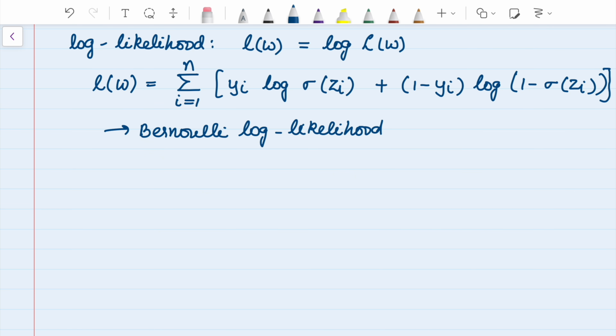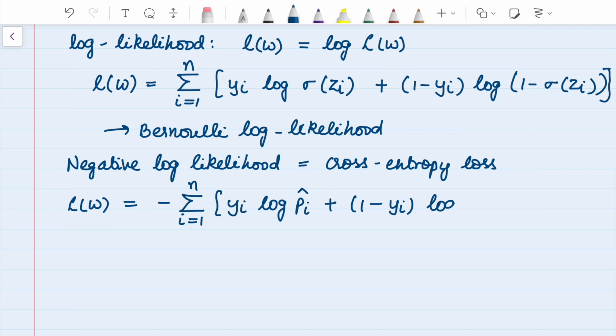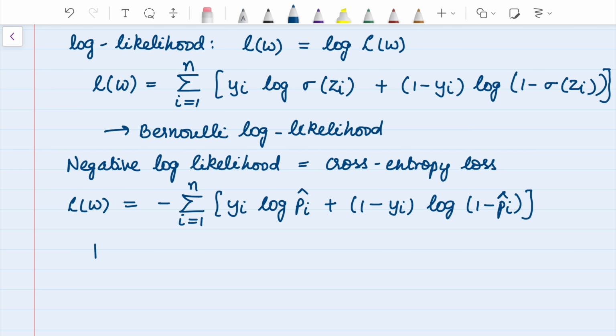Since we already know that the negative log likelihood is the cross-entropy loss, we can write the loss function as L(W) equals minus the sum from i equals 1 to n of yi times log pi-hat plus (1 - yi) times log(1 - pi-hat). Here pi-hat is nothing but sigma(zi).